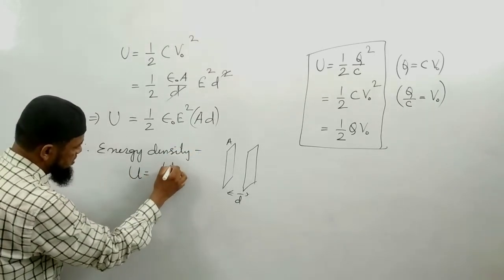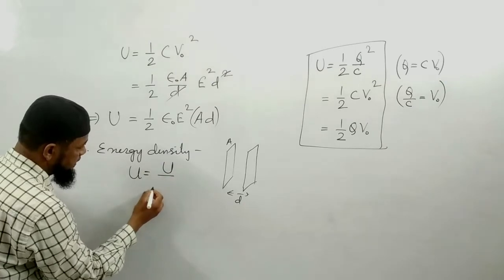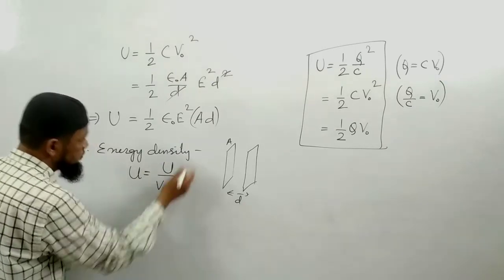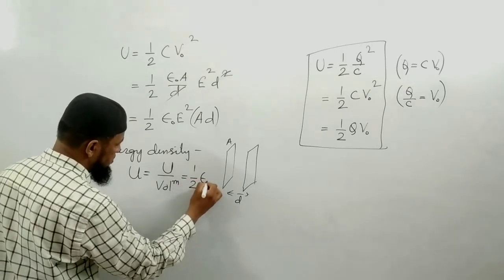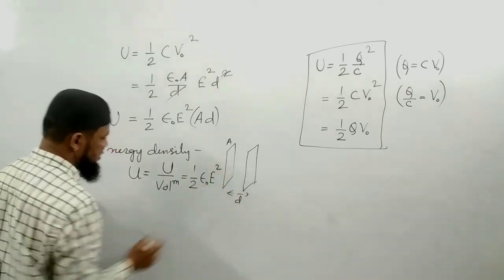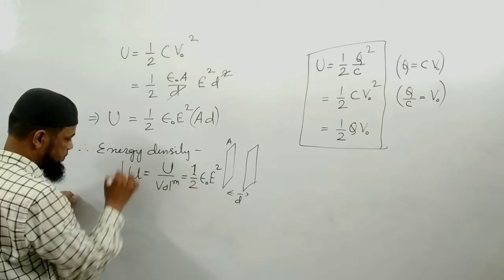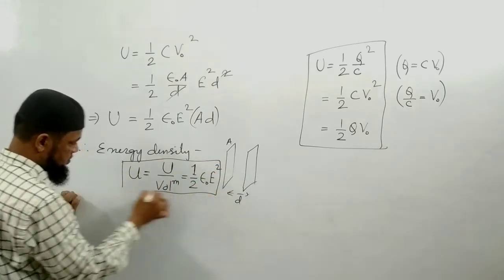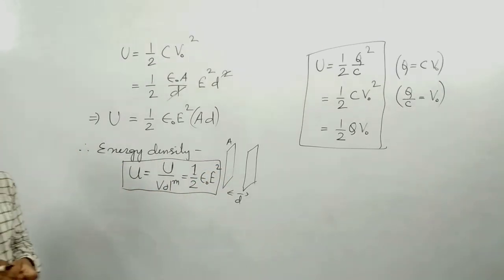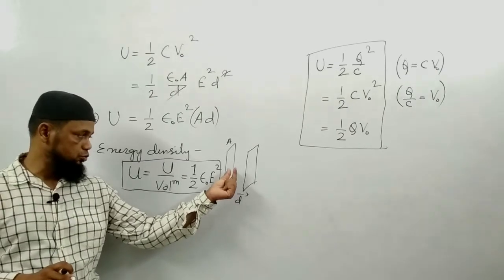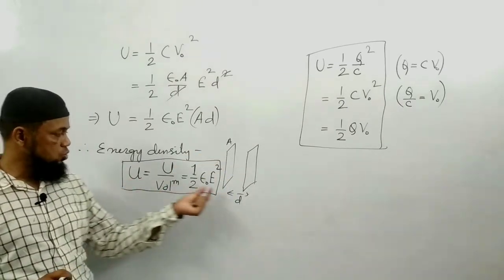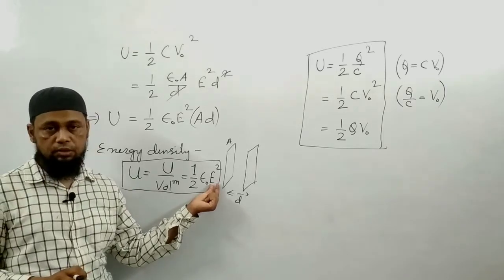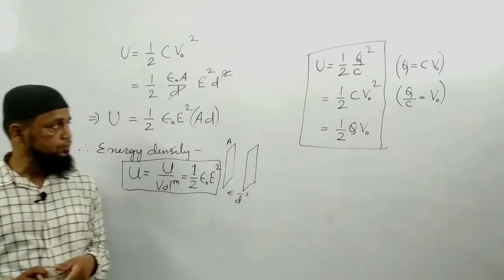How much is that? U divided by volume. Volume means A d. So how much will come here? Half epsilon naught E square. This is energy density, energy per unit volume. So we have seen energy is getting stored in the form of electric field within the capacitor.